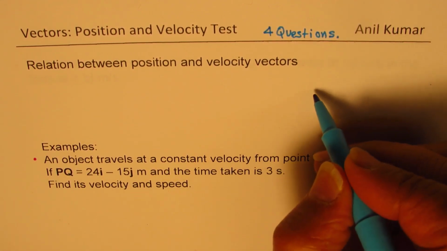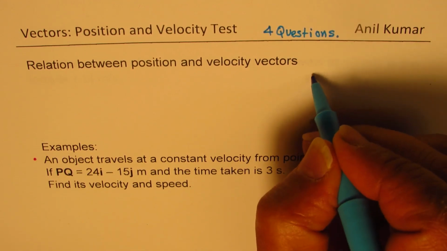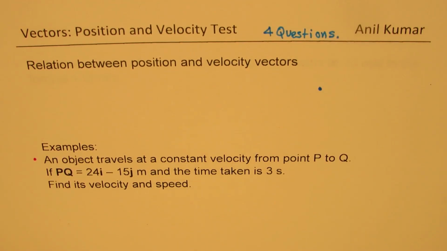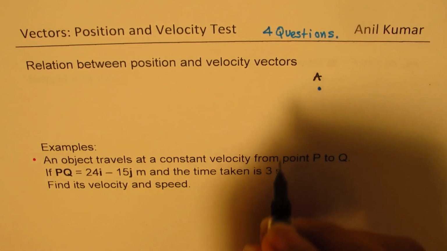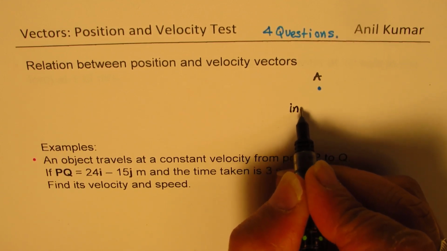So let's consider that the object is at position A, for example. Let's say this is position A to begin with. We may call this at times the initial position.